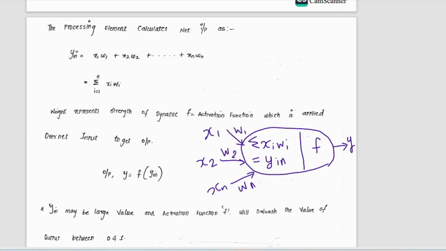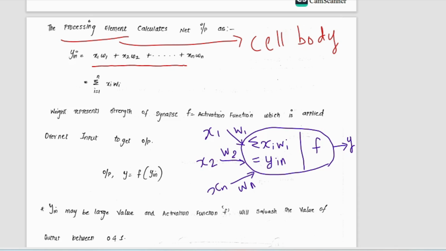So this is what I explained. The processing element means the cell body. The cell body will calculate the net input, and the net input is calculated as the weighted sum of all the inputs, and that will give you y_in. It can also be written like this: sigma i equal to 1 to n, x of i into w of i.